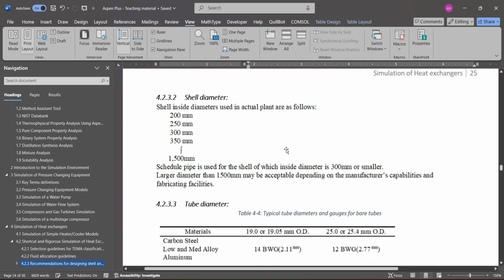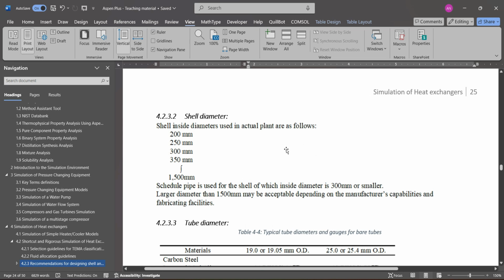What is the common size of the shell? Again, these are the common recommendations. We move between 200 millimeters to 1.5 meters. These are the common shell sizes. Of course, we can increase the shell size, but that will be beyond the available standards, and then the manufacturer or the designer firm has to be very careful while exceeding or ignoring the available standard codes.